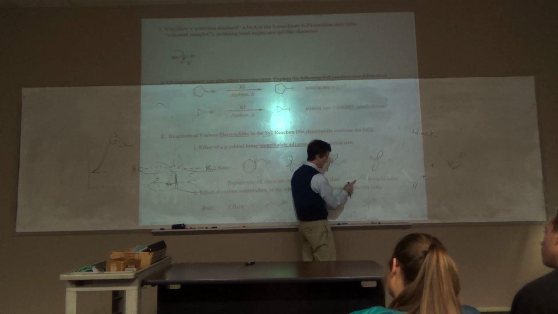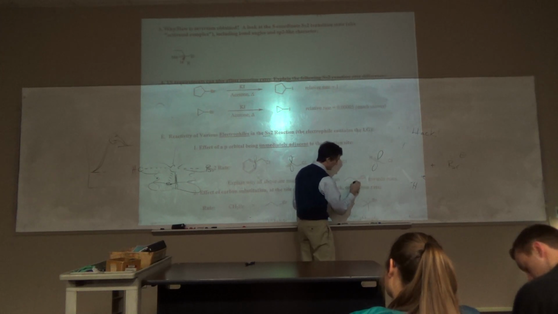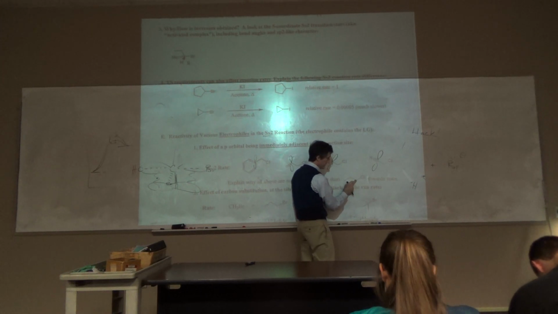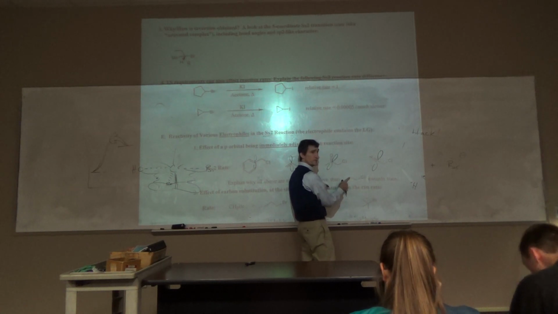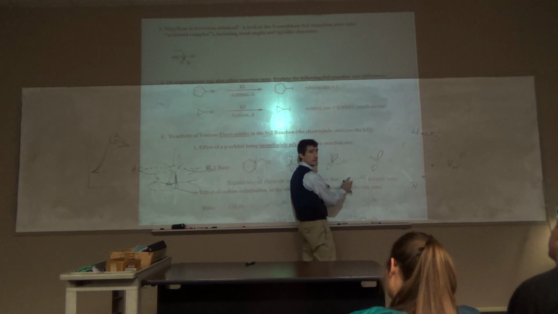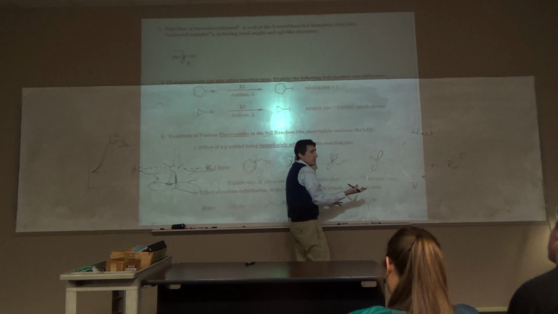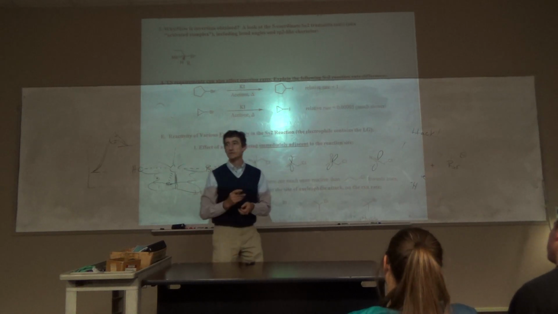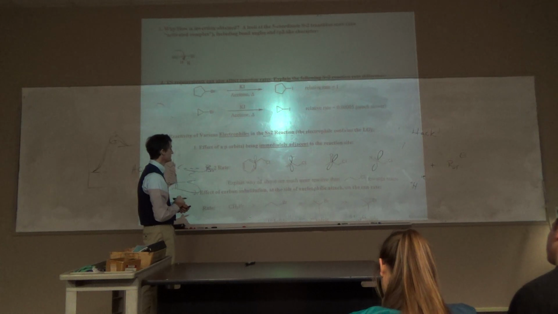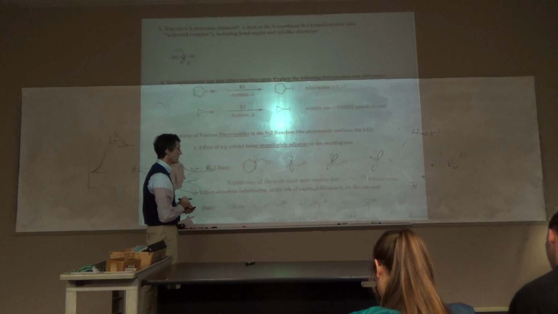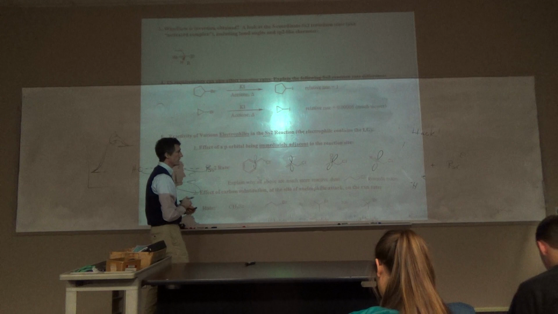Does this guy have a p orbital next door? When this transition state takes place here, you get a p orbital here when these things are bonded, but is there one next door to stabilize that one? No. It's not going to be as reactive. A p orbital next door makes these more reactive.